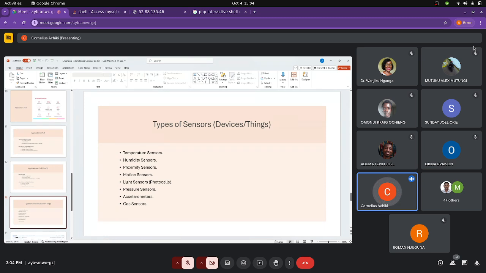So I think as you look at the IoT technology, you can now start conceptualizing the kind of applications and the vast implications that you might be able to achieve using IoT. That is very different from the traditional projects where you do something and that's the end of it.